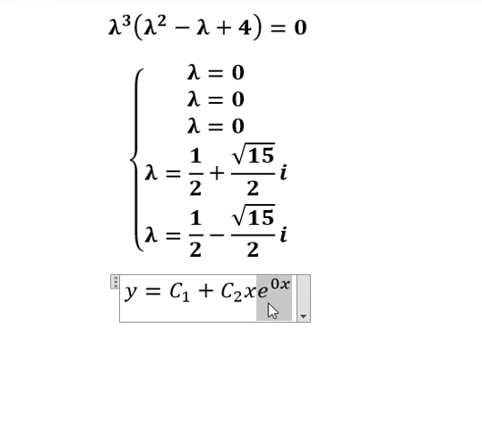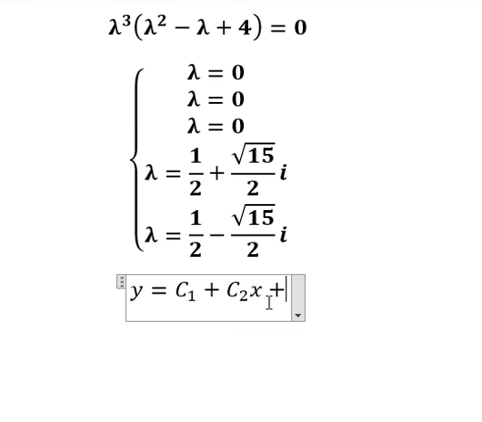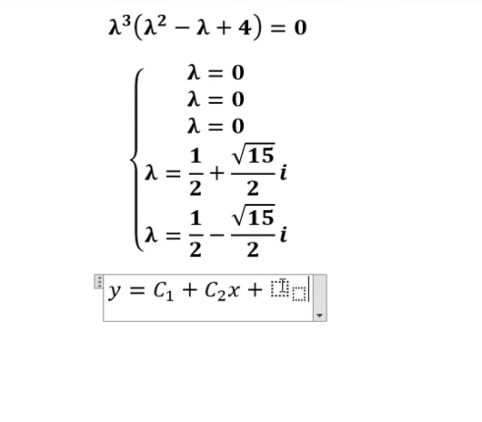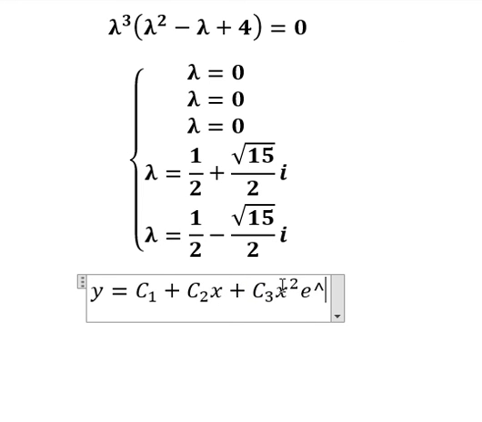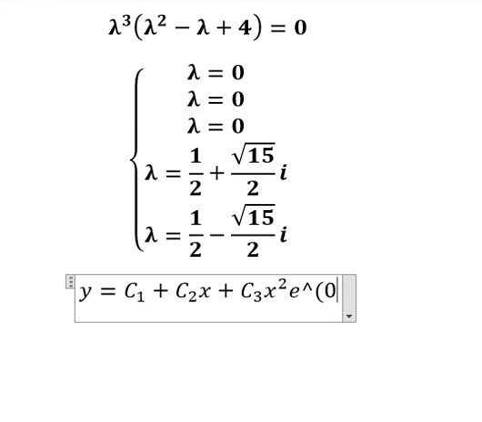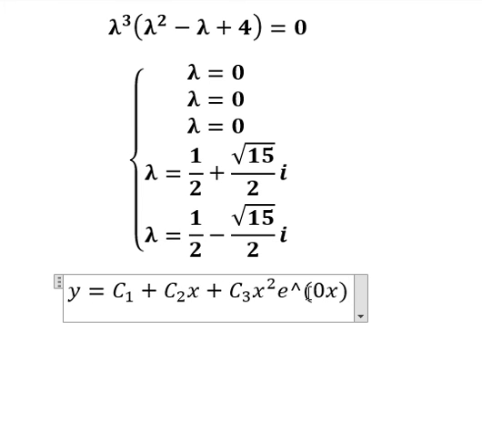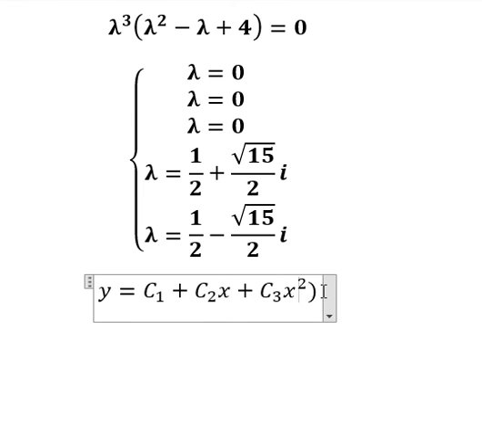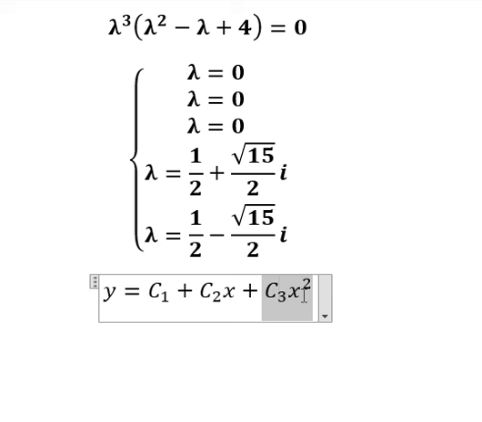and this one you got number 1. And C number 2, sorry, C number 3, s square e to the power of 0s, and this one you got number 1, so we just put like this.